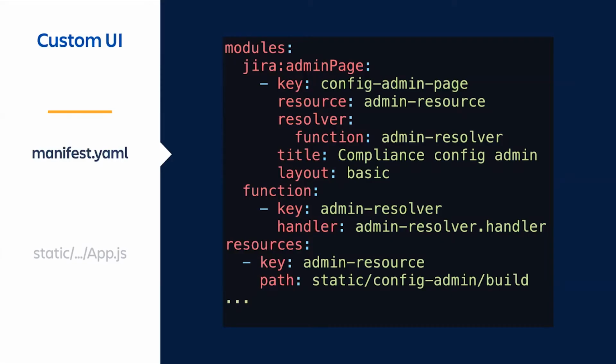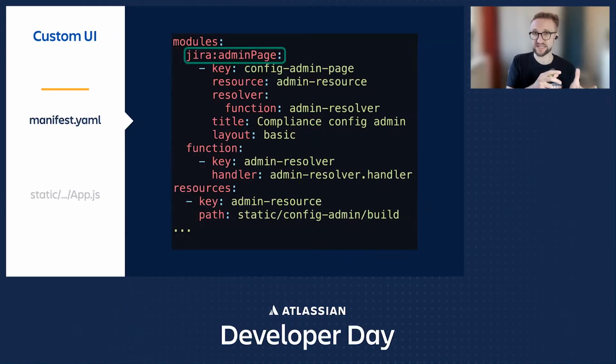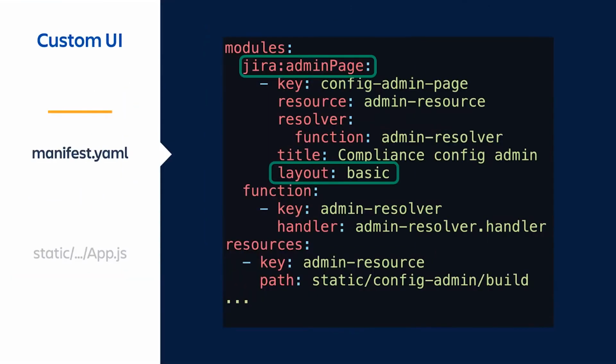To add it, we have to specify the new module, Jira admin page, in your Forge app, and you can customize it a bit. You can add a custom icon, you can add a custom title, and you can add a custom layout. You can change the layout. The native one, which is the default one, means that the module title from the manifest will be displayed as it is on the full-size admin page.